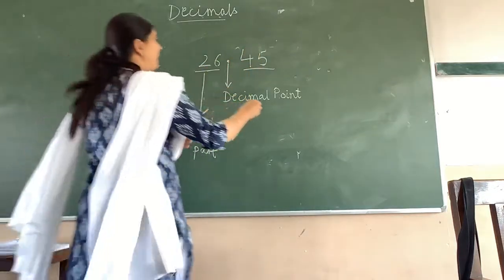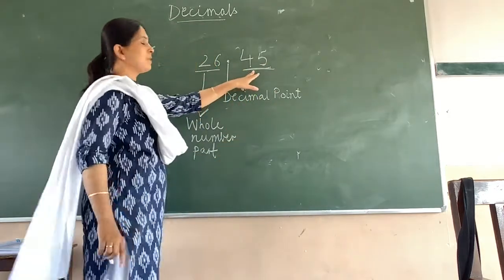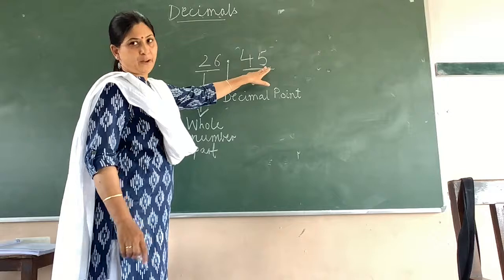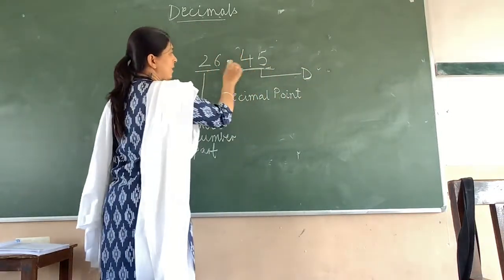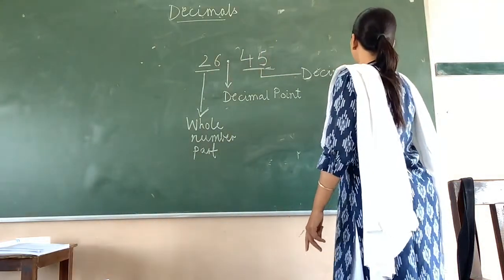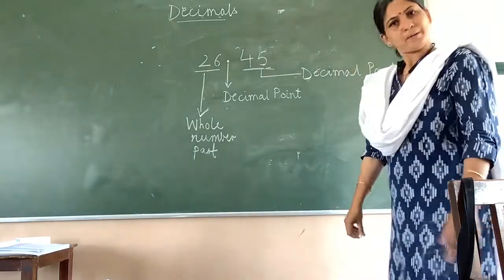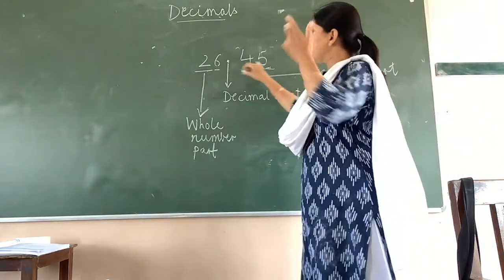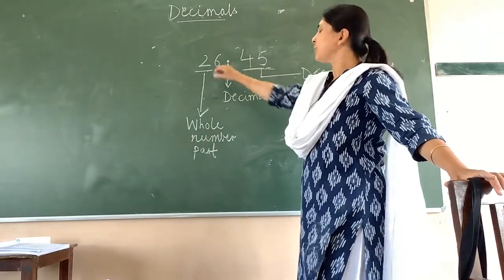And the number that is written after the decimal, what is it? 45. This number that is written after the decimal is called the decimal part. Okay children, so we can say this decimal number has two parts.